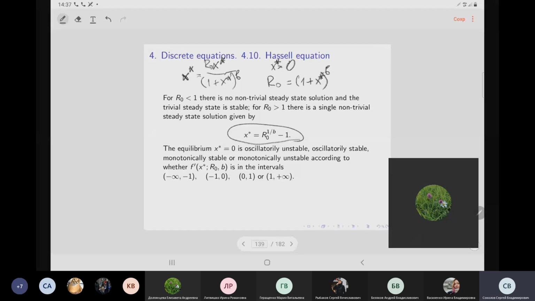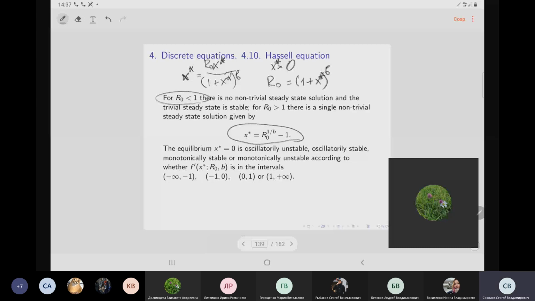And we can see that if R0 is less than 1, there are no non-trivial steady-state solutions. So for this case, the trivial steady state is stable. Well, it's just understandable, because if every one of our population produces less than one offspring, then the population will die in any case.